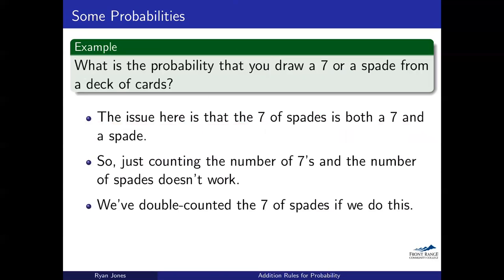We could draw a little picture here to remind ourselves of what this might look like. We could go back to sets, and say drawing a 7 is over here, and drawing a spade is this circle over here. If we count up these ways, drawing a 7, there's 1, 2, 3, 4 ways.